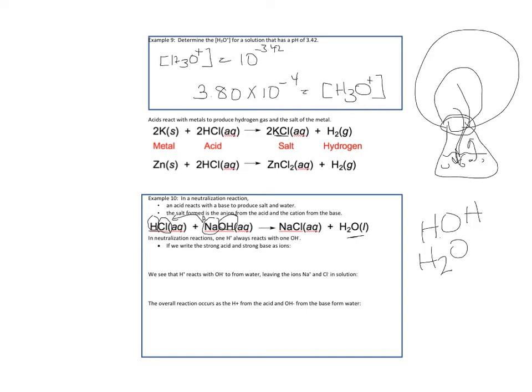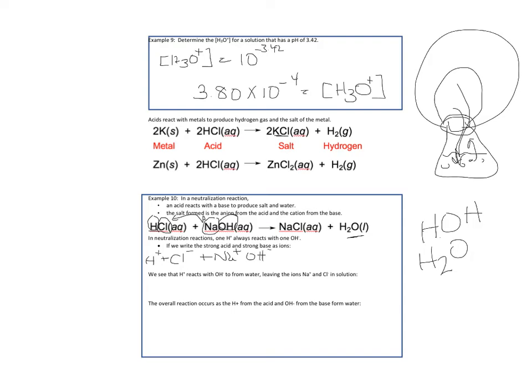Okay? So if we were to write the strong acid and strong base as ions, because remember that strong acids and strong bases dissociate into ions 100% in water, you would get H plus and Cl minus, and then you would get Na plus and OH minus.